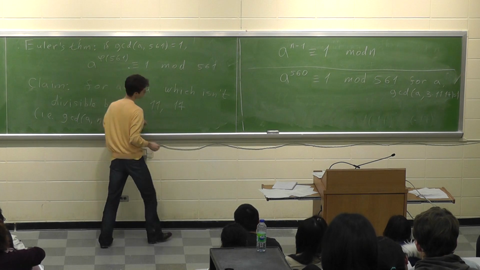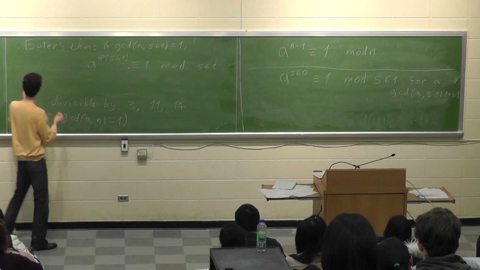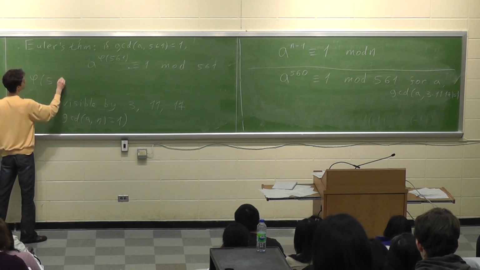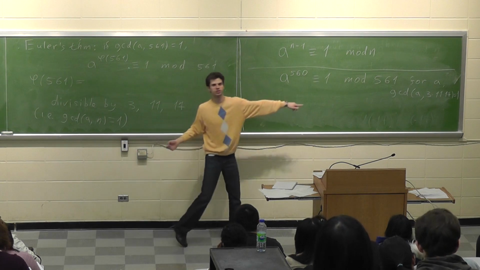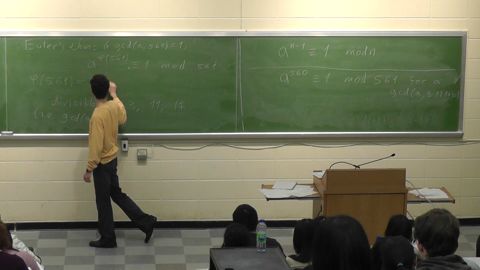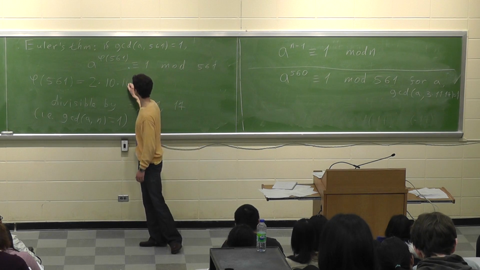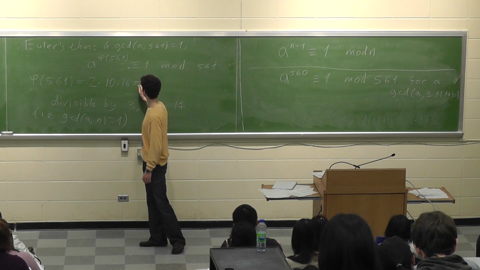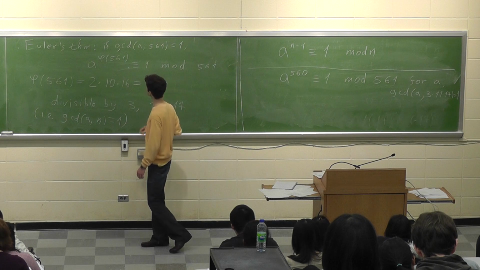What is phi of 561? Well, let's compute. We have the factorization, 3 times 11 times 17, so it is 2 times 10 times 16. So it is 20 times 16, 320.